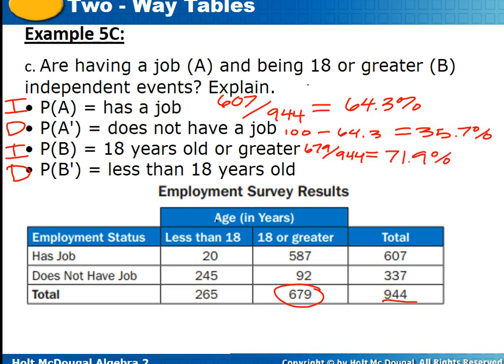Now our not, again, is going to be just 100 minus 71.9. So that's going to be 28.1%. And again, our not is a dependent event because it is determined by how many were employed.